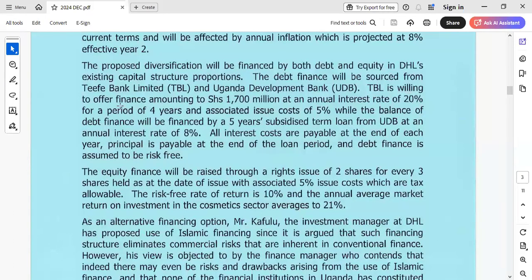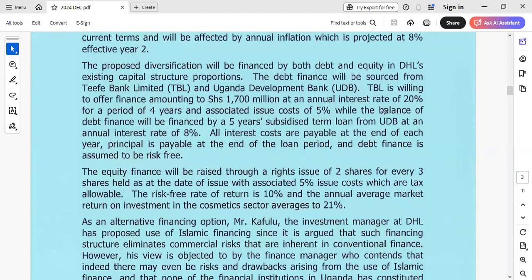TBL is willing to offer finance amounting to shillings 1,700 million at an annual interest rate of 20% for a period of 4 years and associated issue costs of 5%. So that is from TBL.